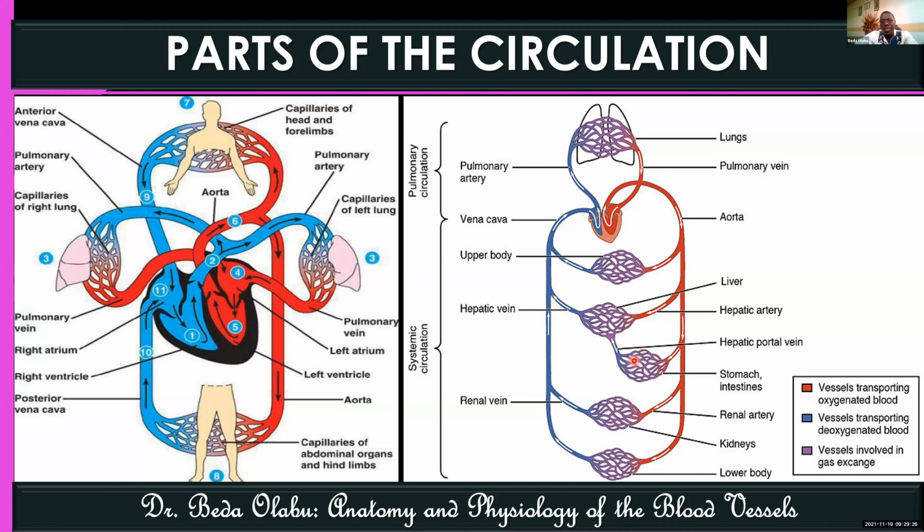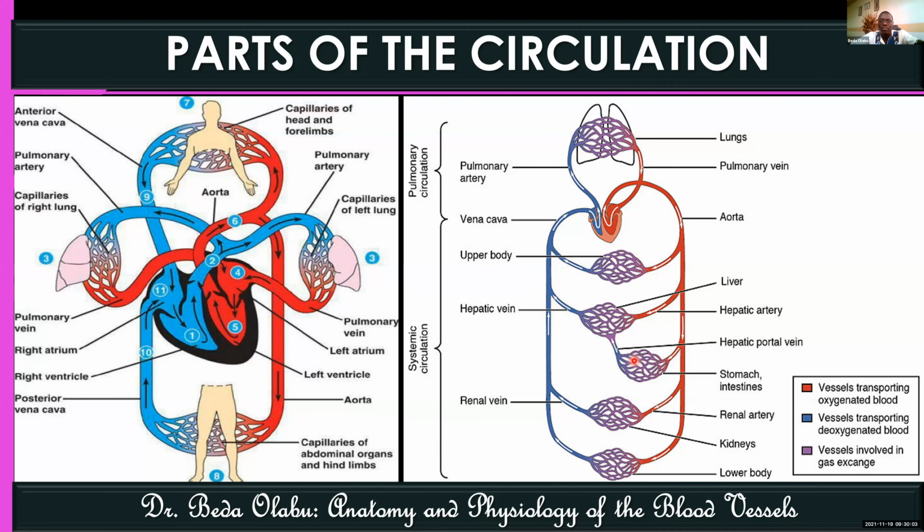The third site where we have another portal system is in the kidney. So in the kidney, we have blood vessels which branch down to go to the glomerulus. So that at the glomerulus, we have a capillary bed. From the glomerulus, you have vascular channels, which again connect and form another capillary bed around the proximal and the distal convoluted tubule, so that you have another capillary bed there.